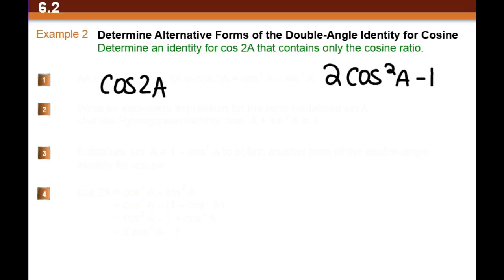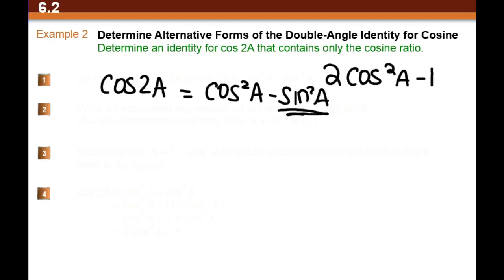But I'll show you how they come to the conclusion. Okay, so they're saying cos 2a, say you only had this first one, it's got cos and sine in it, and we only wanted to have cos in it. So that means we have to do something to get rid of this sine piece.